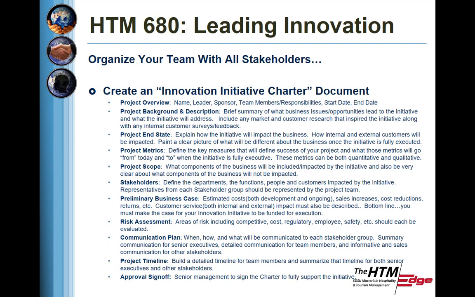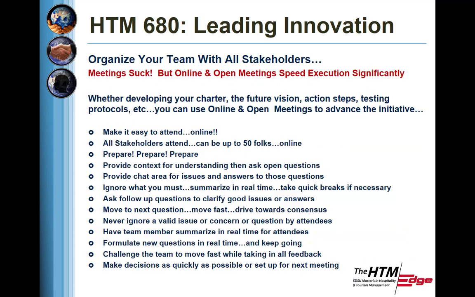You'll be updating this throughout the project, but a preliminary business case that includes costs, sales increases, cost reductions, returns, etc. Assess your risk. Put a communication plan together of when and how and what you'll be communicating to each stakeholder group. And then put a timeline together and get this project charter signed off by senior management.